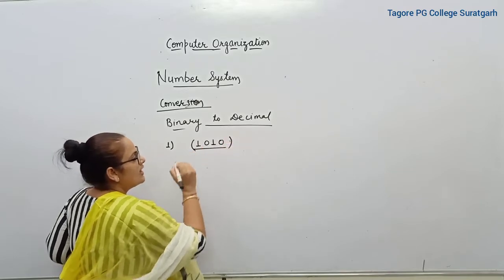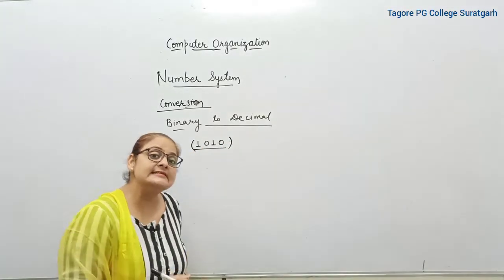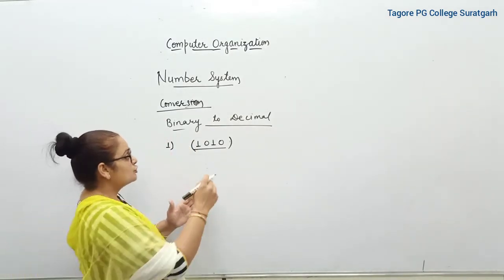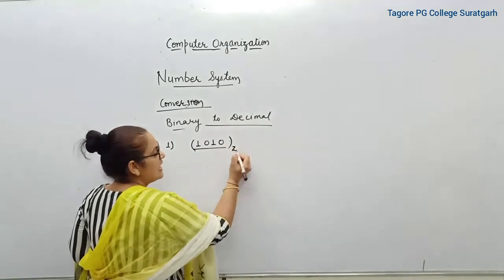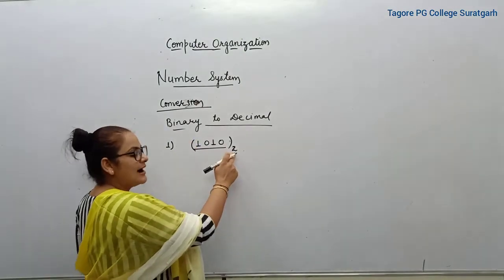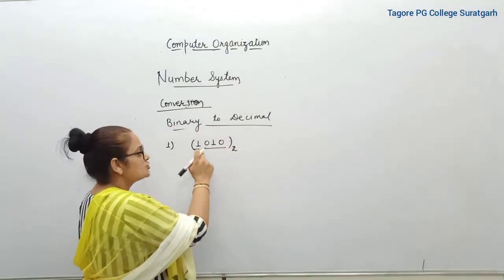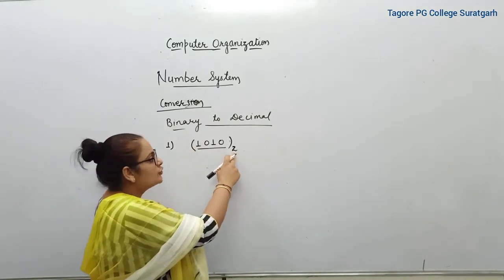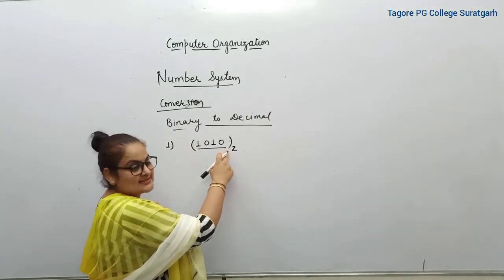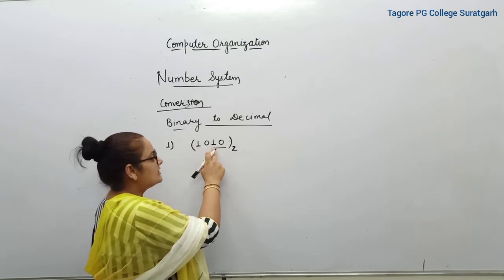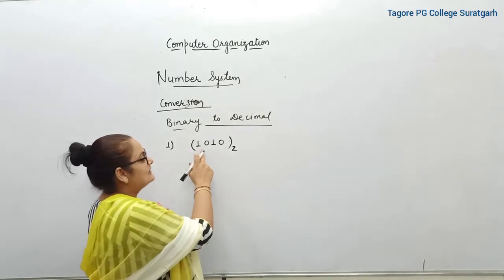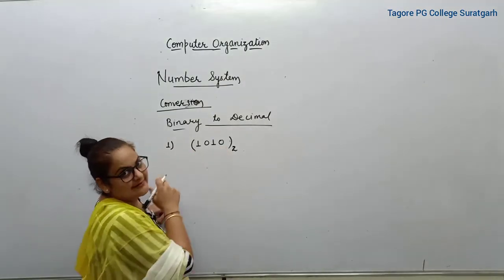How will we know? As 1 and 0 are also present in the decimal number system, there may be confusion. So you have to put the base here. As we know, the base of the binary system is 2, we will put that base at the foot of the parenthesis, so that it is visible that this number is from the binary category.